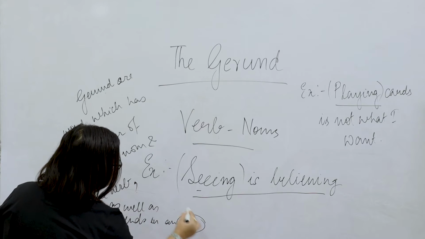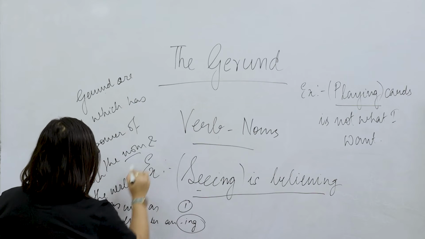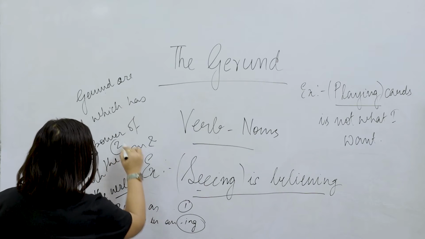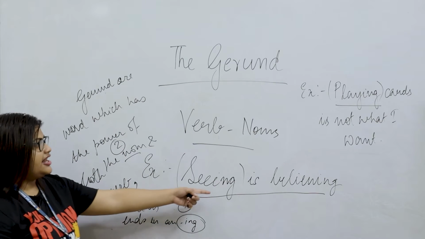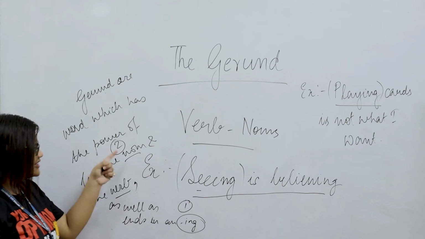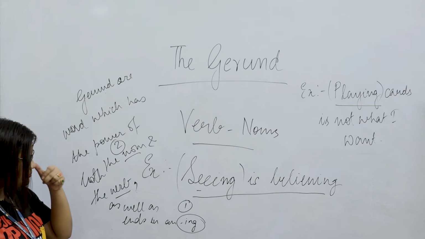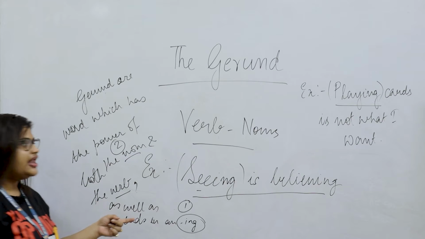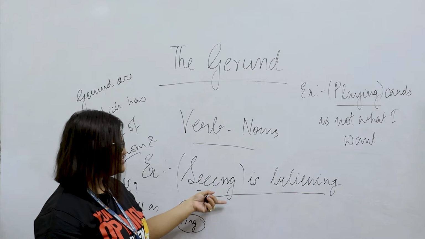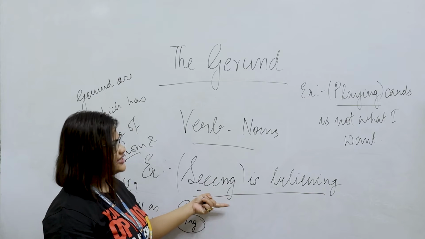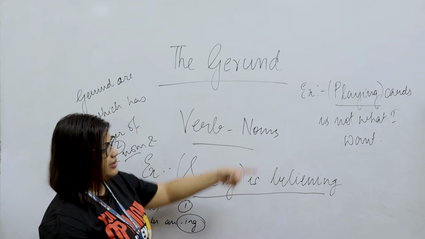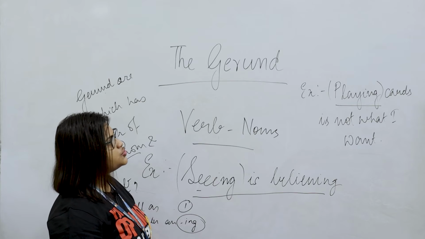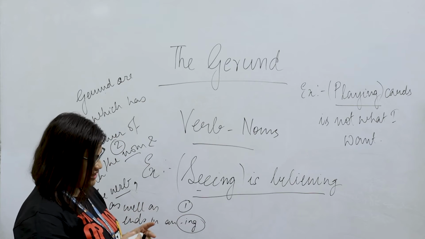These are the two conditions which we need to fulfil to be a gerund. The first condition is that they need to end in ing, and the second is that they have to act both as a noun as well as a verb. Here, as you can see, the word seeing is acting as both noun and verb, and in playing cards is not what I want, it is being used in the same way.